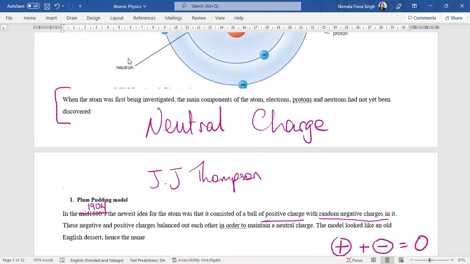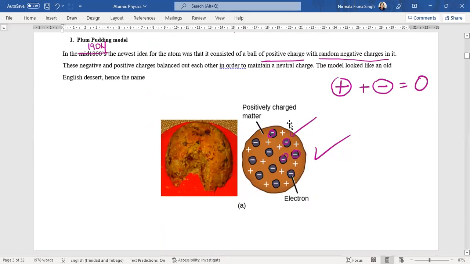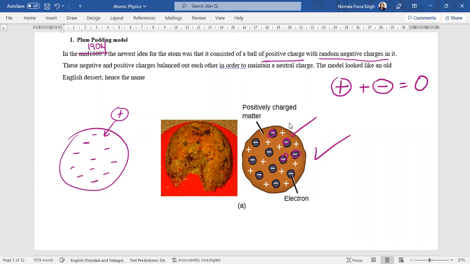So he had presented this model here, which was a ball with a positive charge, and then the negative charges in it. Somebody looked at that on the blackboard, where he drew this, and said it looked like an old English dessert called plum pudding.